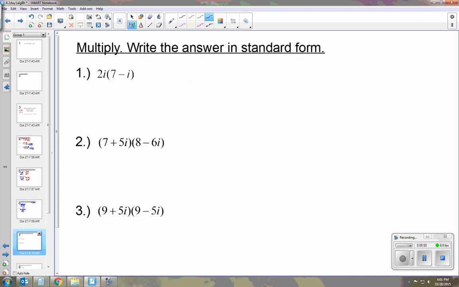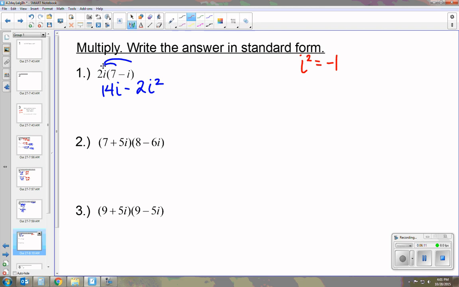All right, next up, we can multiply as well. So we can distribute. That gives us 14i minus 2i squared. Now, if we remember at the very beginning, I said that i squared is equal to a negative 1. So we can replace i squared with a negative 1.